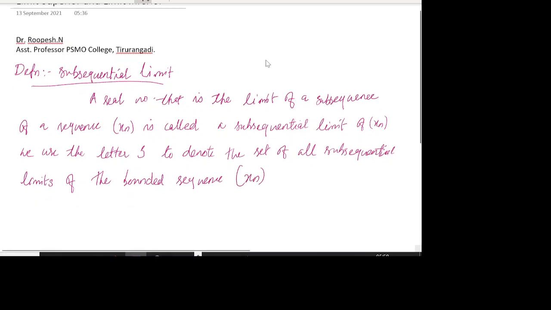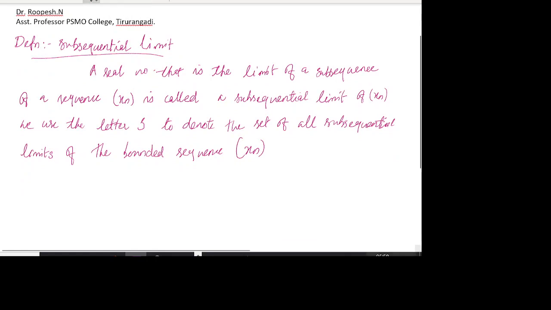So what does this mean? Subsequential limit means, suppose we are having a sequence xn that is equal to 1, -1, 1, -1, 1, -1, etc. Now it has a subsequence.